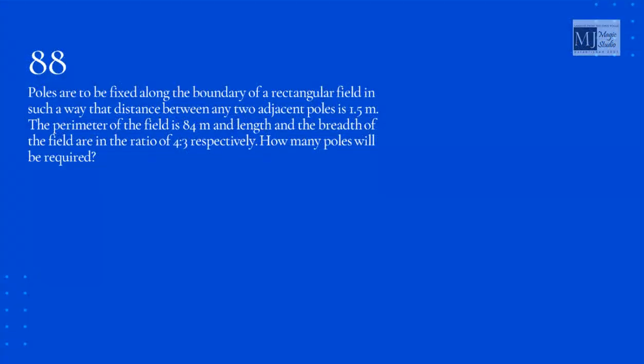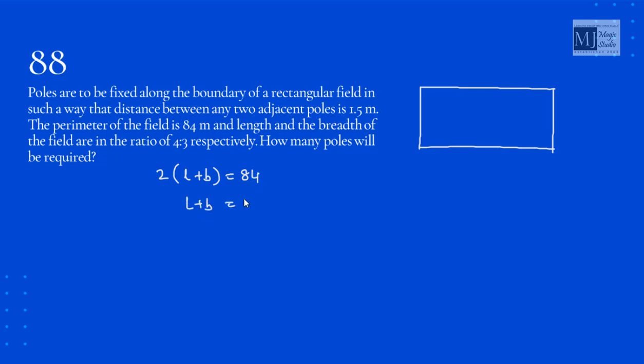Number 88. Poles are to be fixed along the boundary of a rectangular field in such a way that distance between any two adjacent poles is 1.5 meter. The perimeter of the field is 84 meter. Twice into length plus breadth is 84. Length plus breadth is 42.